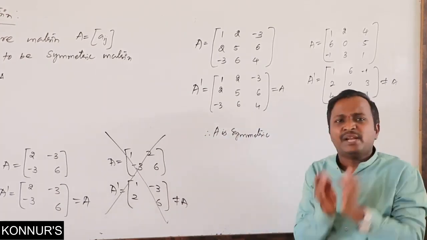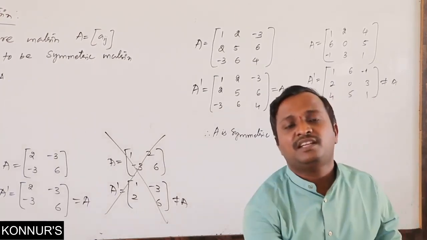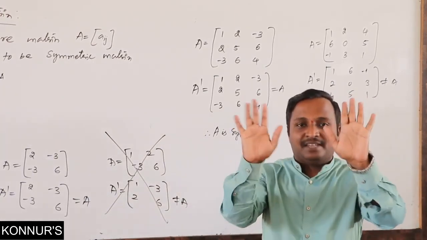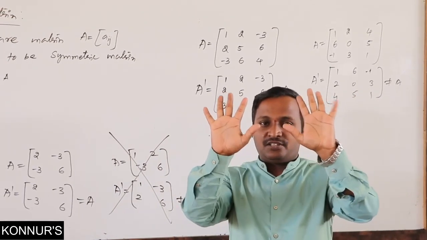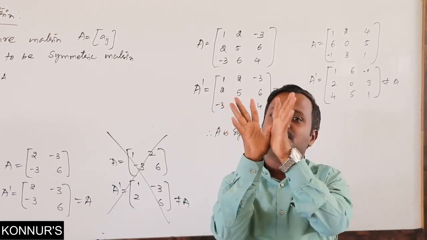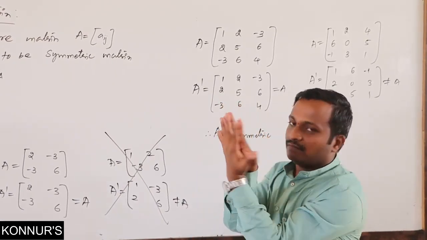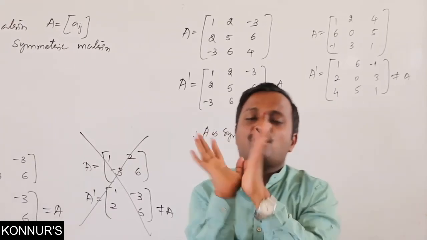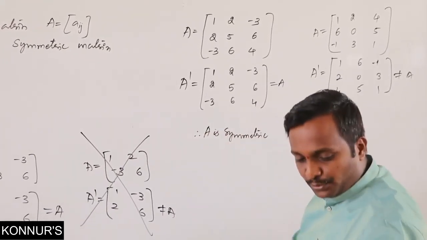A simple way. Symmetric in the sense what? This is symmetric exactly. If I take these 2 hands and hold it, what happened? This exactly becomes symmetric. The same concept here also. Just observe.